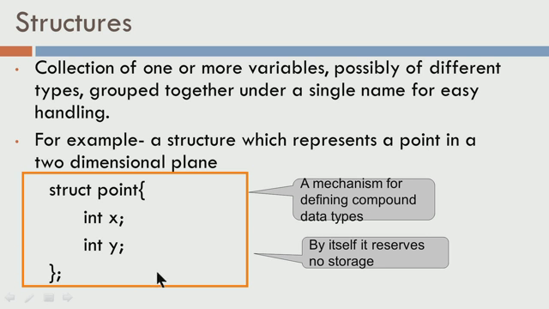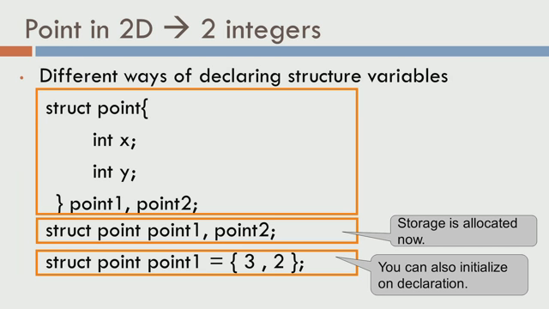Just by having int in it you do not have storage space. Similarly, when we have the basic data type called struct point, we are saying that this structure is going to have two things, an integer called x and an integer called y, grouped together, and this collection is useful for representing a point.